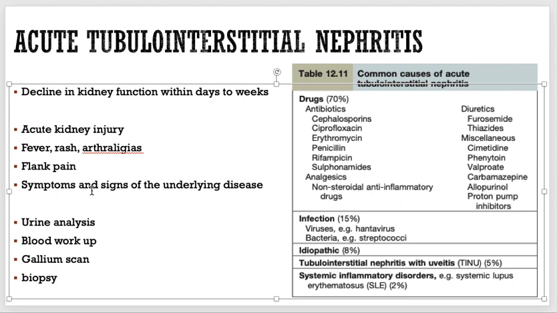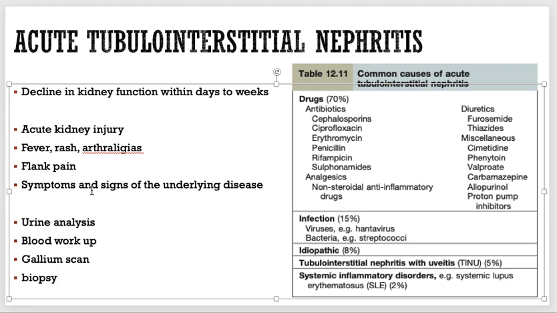If, for example, it is due to hypersensitivity reactions, we can get eosinophils in the urine. If there is infection, pyelonephritis, we can get WBCs, we can get pus, all these things.